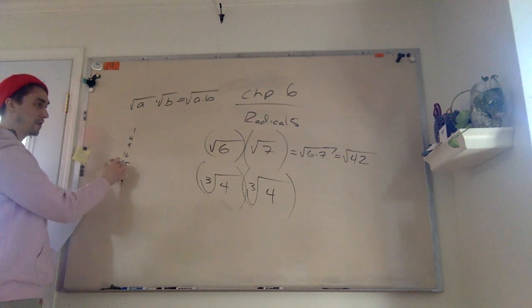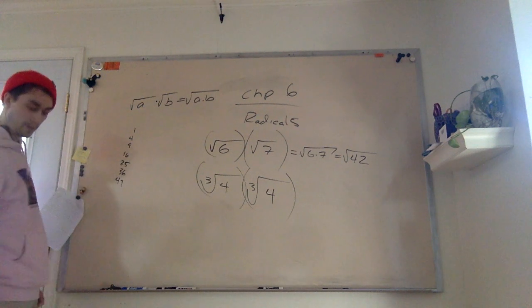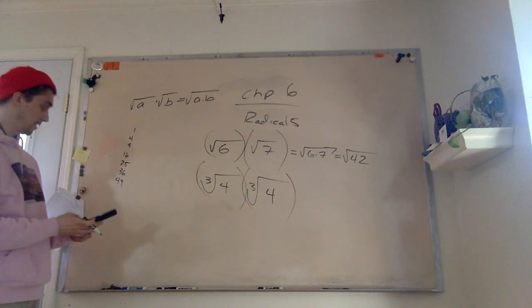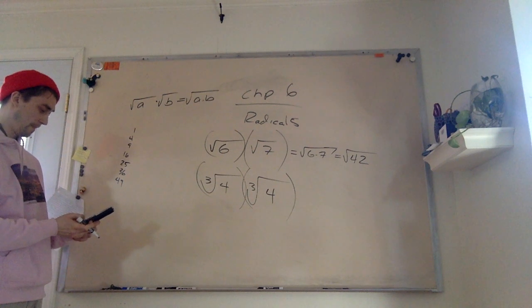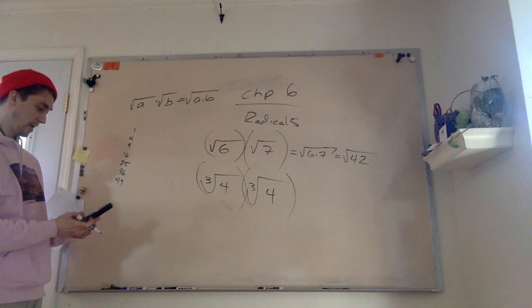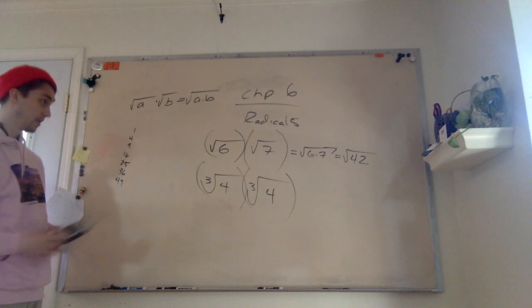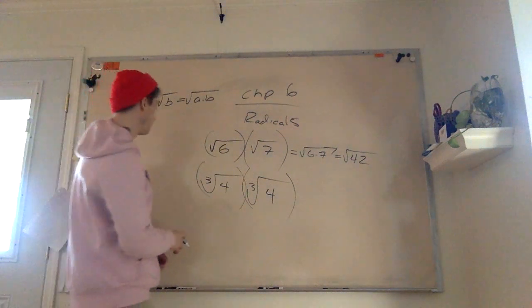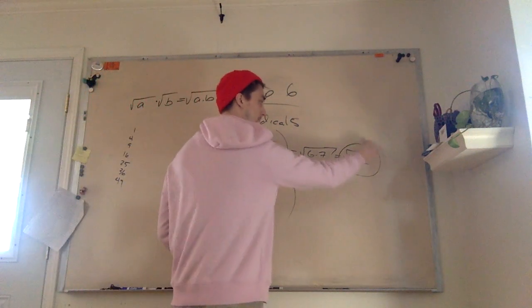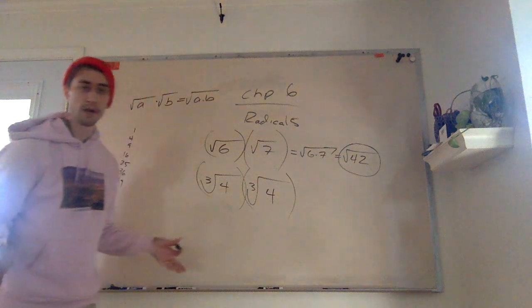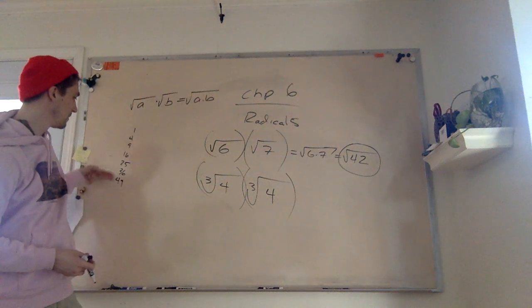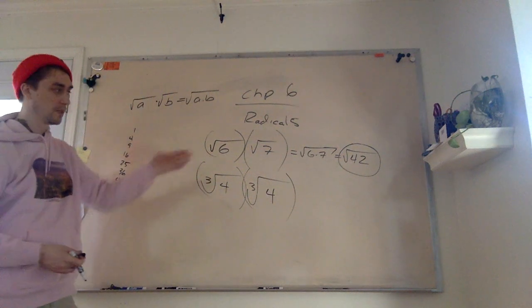And I just start looking for things that go into 42 perfectly. 36 doesn't. Does 16? Does 42 divided by 16 work out? Nope. Does 9 go into 42? Probably not. Nope. So 42 is done. Nothing goes into 42. There's no perfect squares that are a factor of 42. So that's as far as you can go.